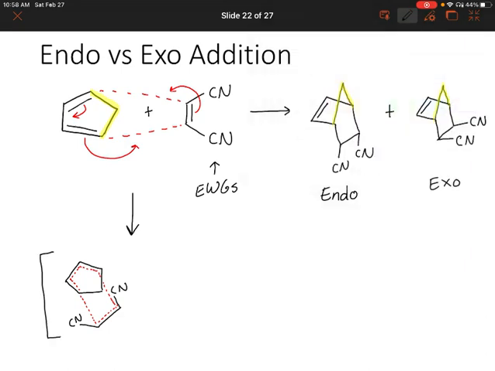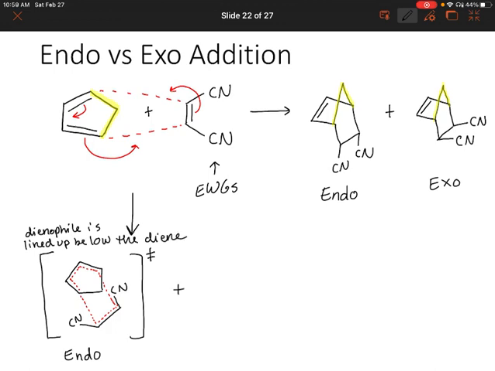So this is our transition state for the endo product. And again, that dienophile is lined up below the diene.